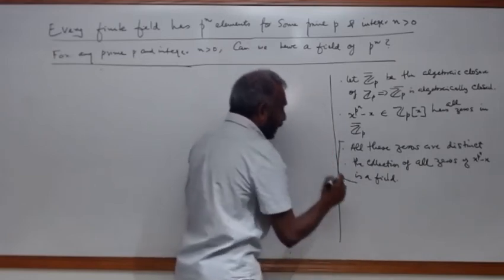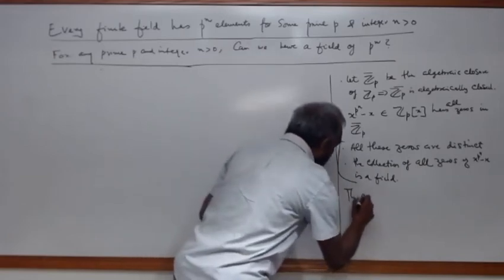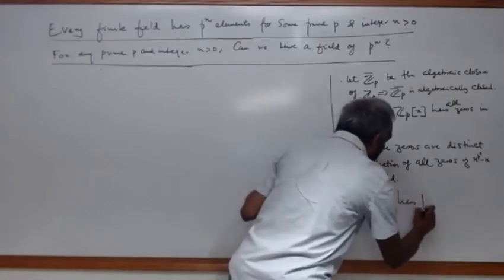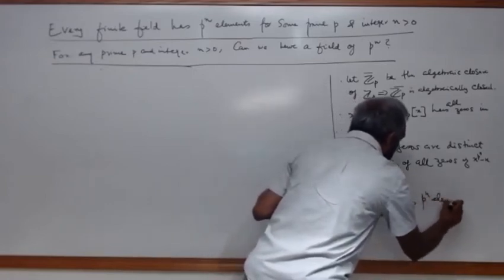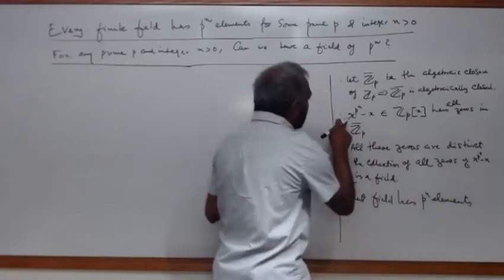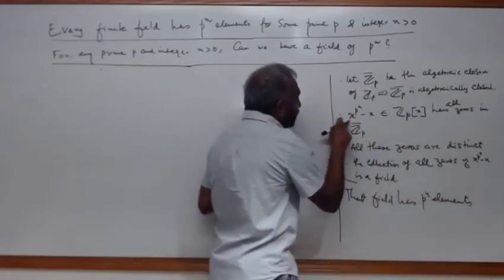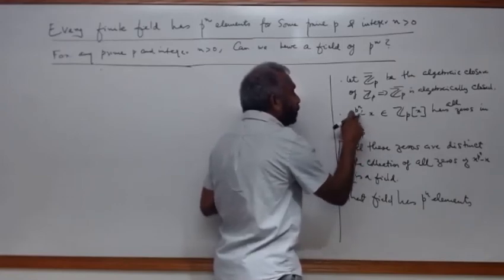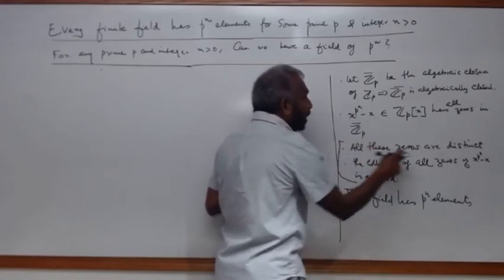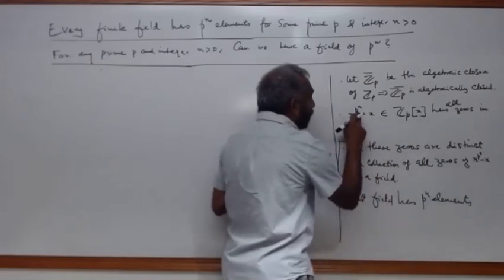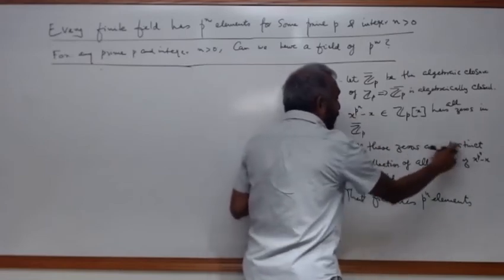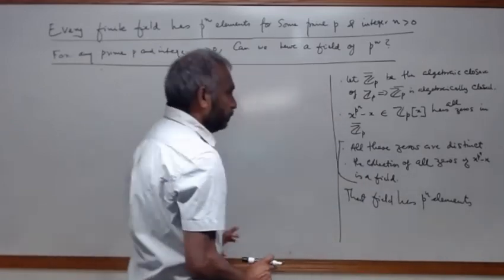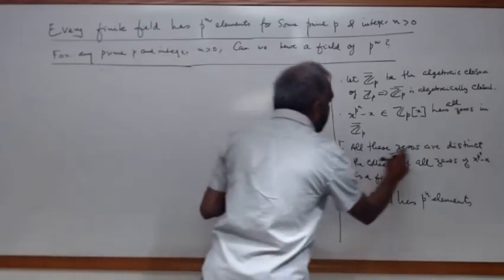Then that field has p to the power of n elements. Why? Because this polynomial has got at most p to the power of n zeros, but all the zeros are distinct, so it will have p to the power of n elements. So let us prove the first one. All the zeros are distinct.